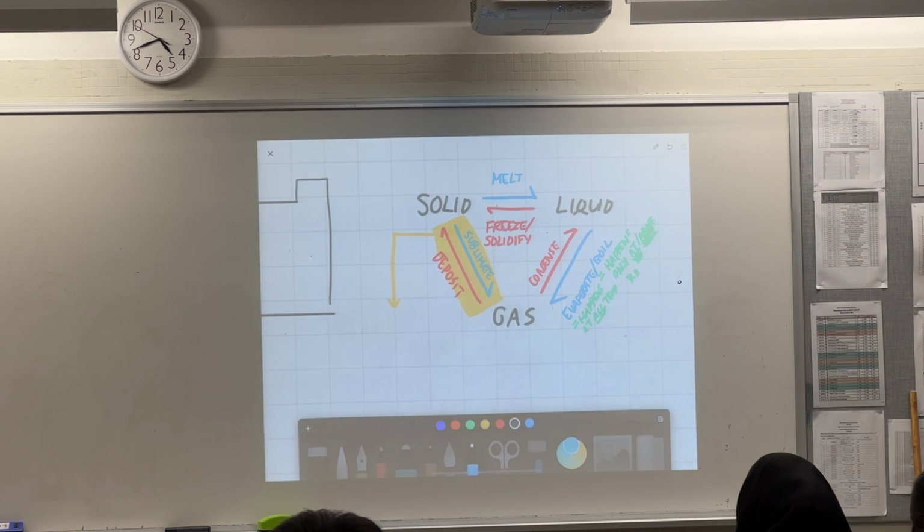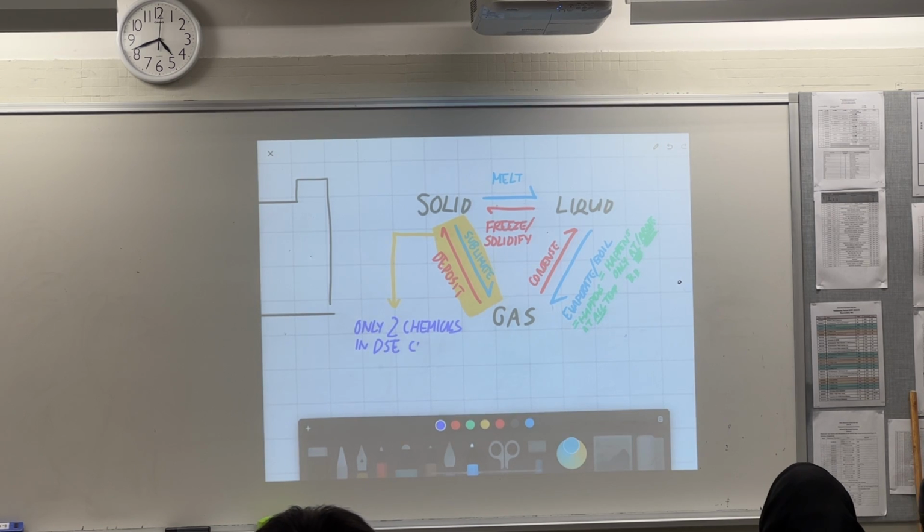Only two chemicals in DSC change between solid and gas directly.